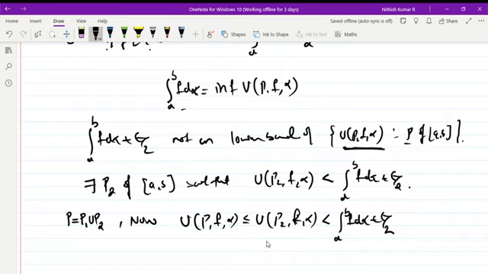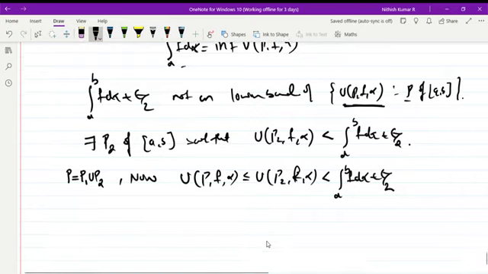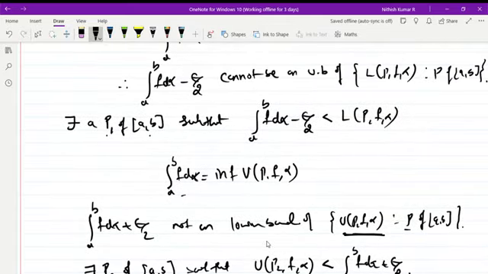Again, the integral from a to b of f d alpha minus epsilon by 2 is less than L(P1, f, alpha).